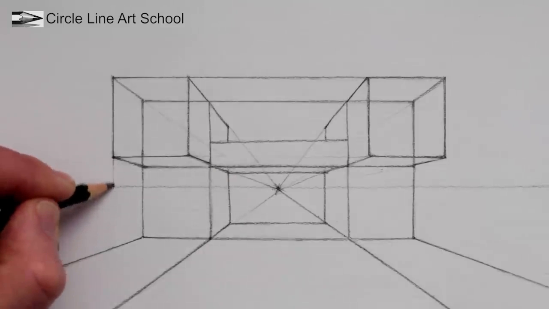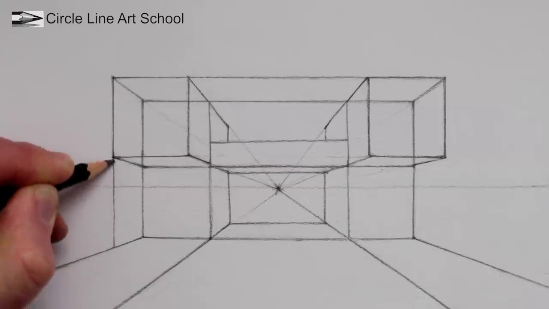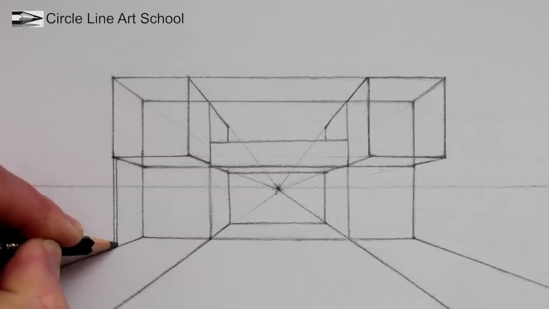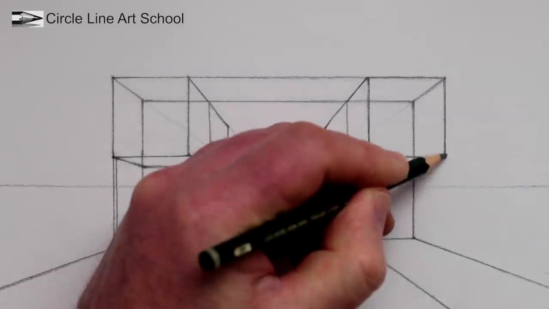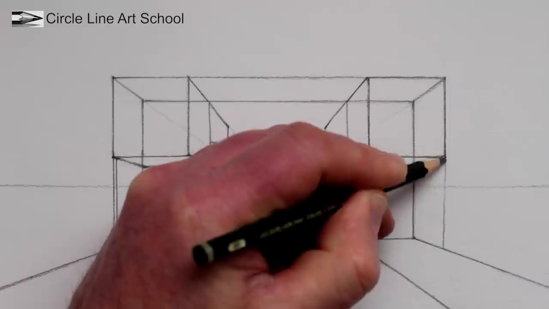Next, we could draw some thin posts to hold up these two cubes. The lines of the posts should stop at the same horizontal line as we need them all to be the same length.